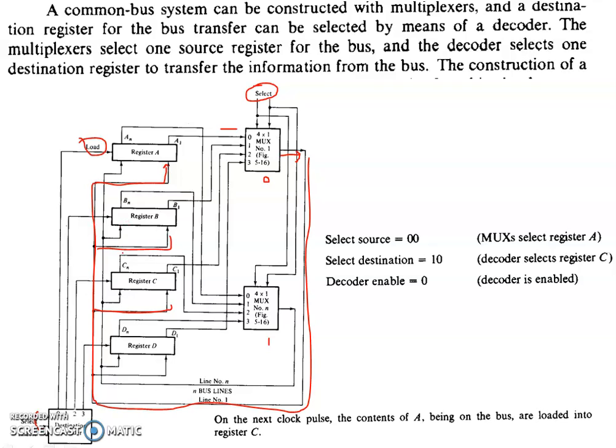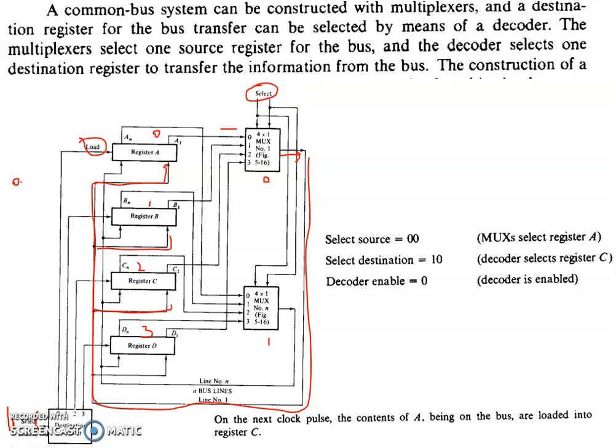target register. So how is the target register identified? With the help of the select signals given to the destination decoder. Here also we number the registers as 0, 1, 2, 3. So 4 registers are there, and we use 2 bits to represent these 4 registers.